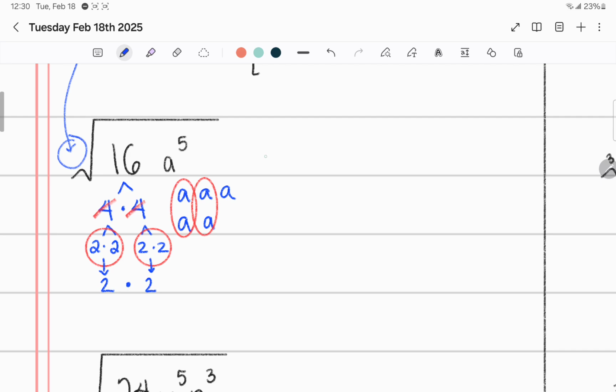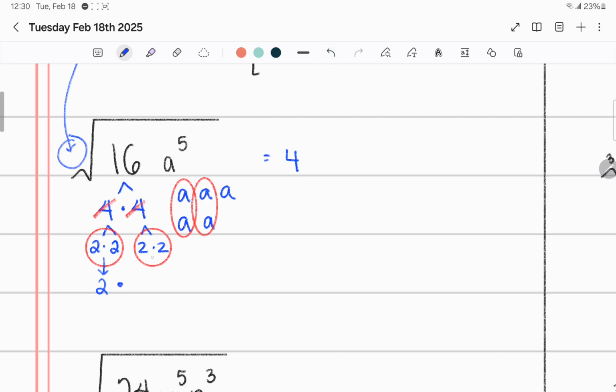2 times 2. That gives us 4. So I'm not doing, give me a second, let me explain this. I'm not doing 2 times 2, that's 4, 2 times 2, that's 4. I'm not doing that. Remember, each group is represented by a single 2. So this will be just a 2, and this 2 represents these 2 2s.